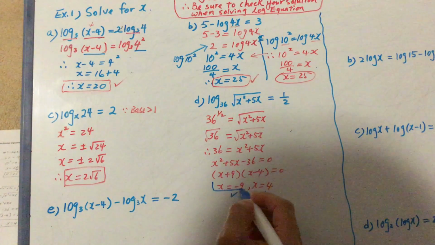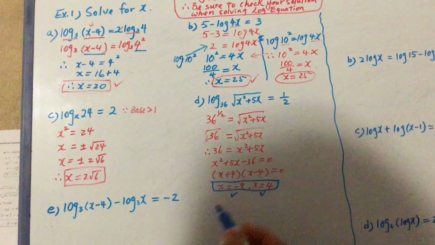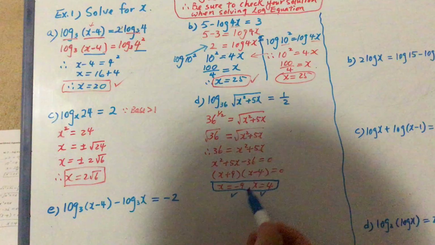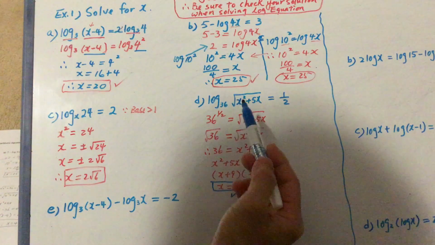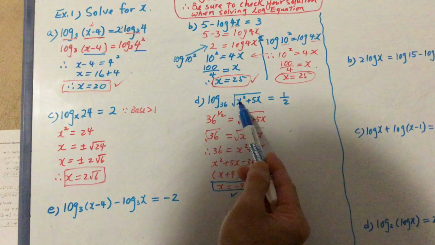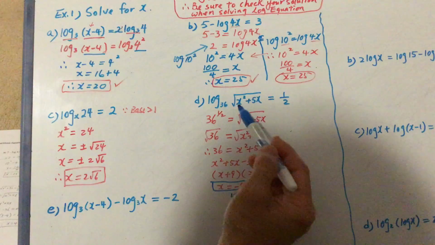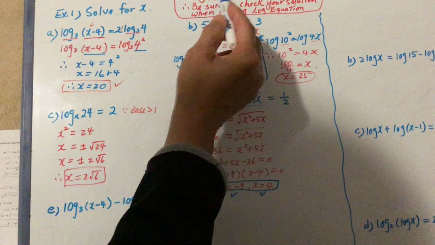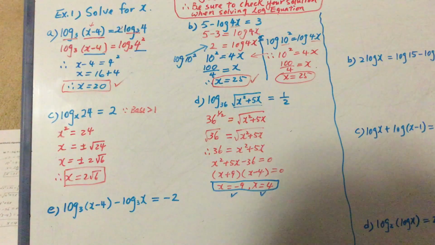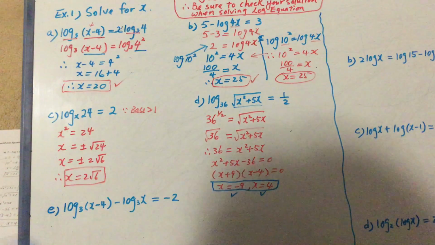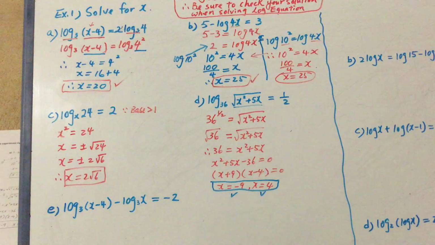So they're both good solutions. All you have to do is substitute back into the original equation to make sure that this term here cannot be equal to a negative. So that is D.